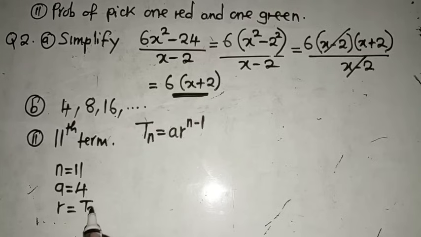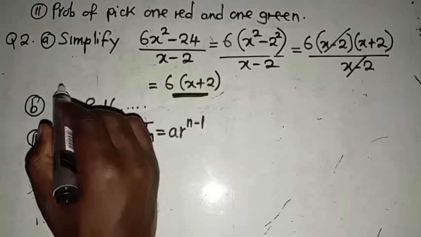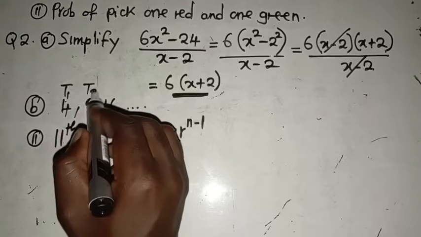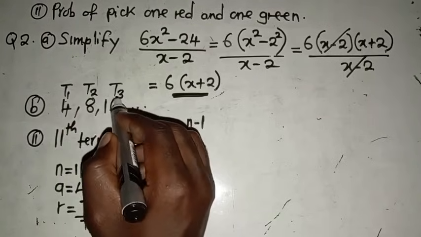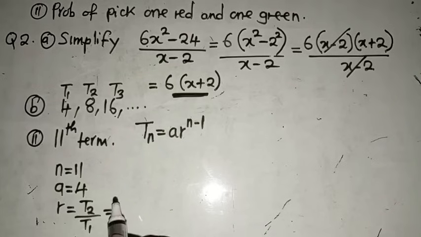T2 divided by T1. T1 is 4, T2 is 8, T3 is 16. So 8 over 4, the answer is 2. Meaning the common ratio there is 2, and I'm going to use 2 as the common ratio.